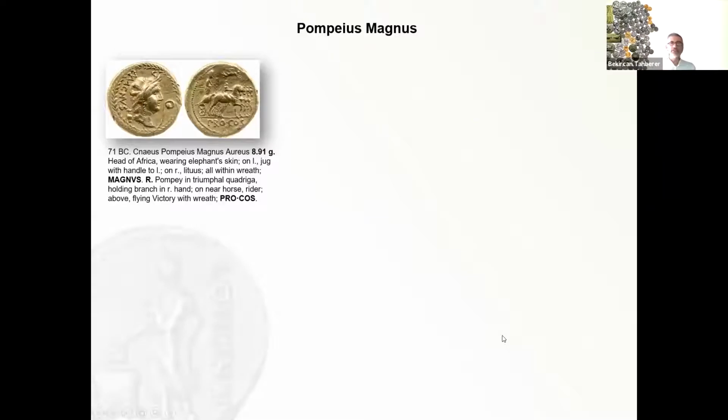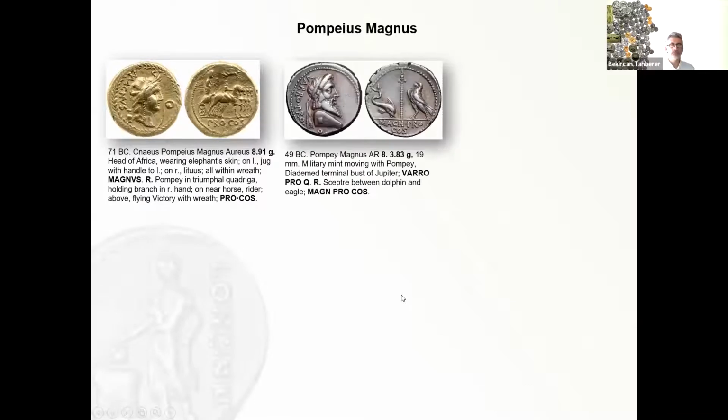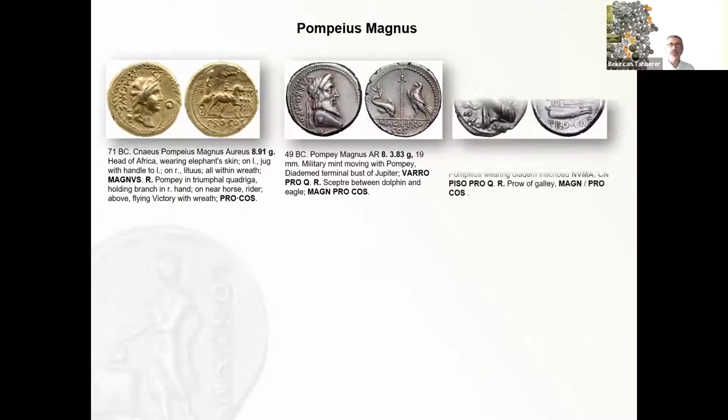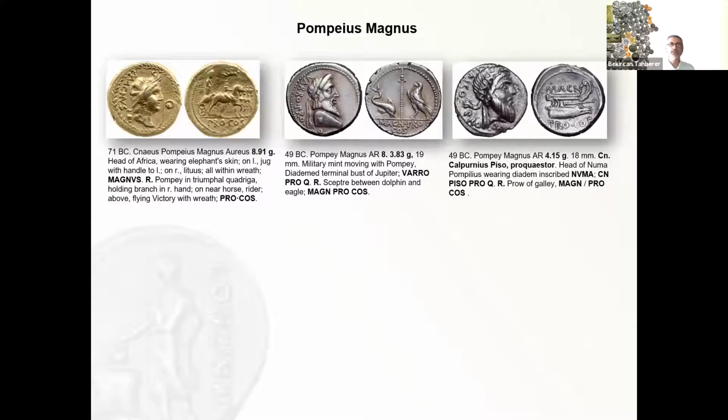The second imperatorial coinage belongs to Pompeius the Magnus. Pompeius was a prominent general. He was not one of the rich families. Rose to prominence thanks to his military skills.